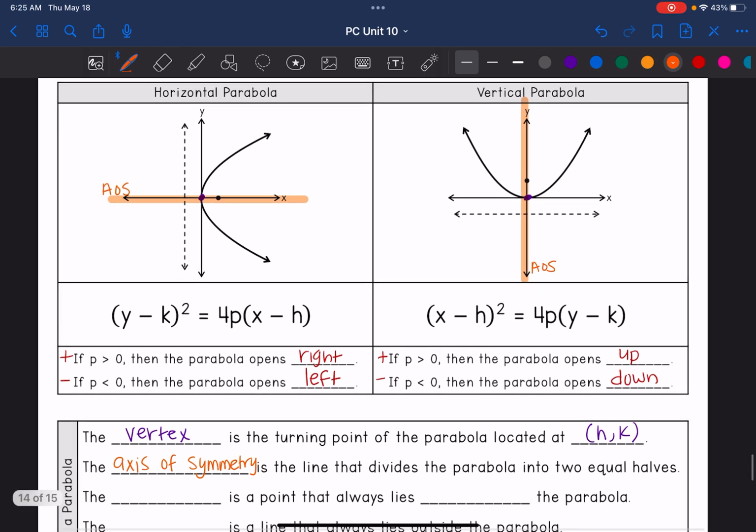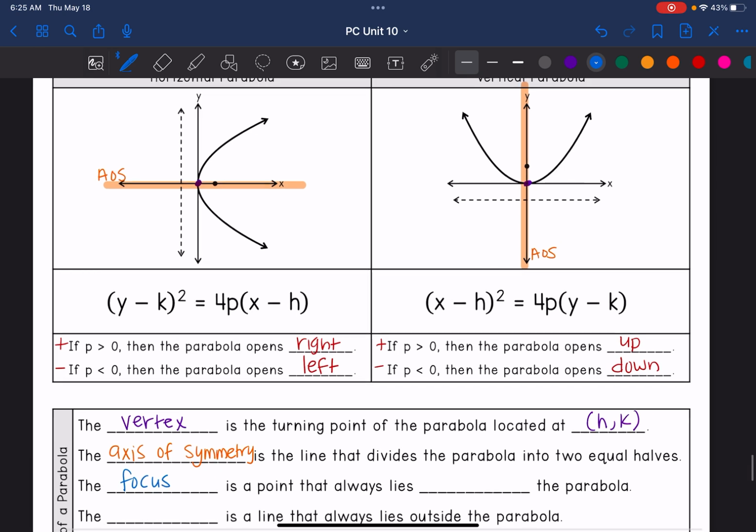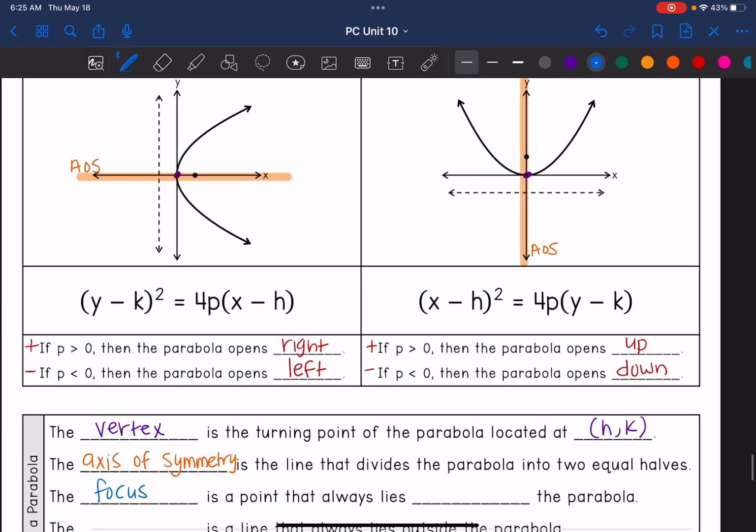Okay, next part is the focus. So the focus is a point that always lies inside of the parabola. So think of the parabola as a cup.